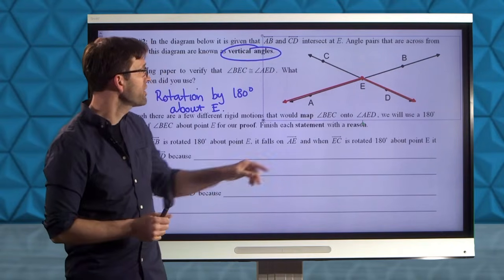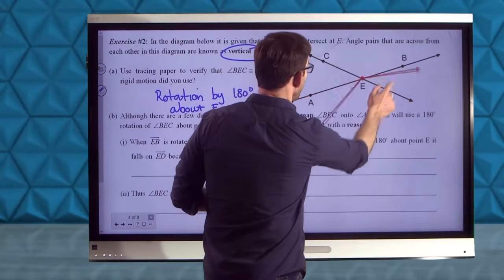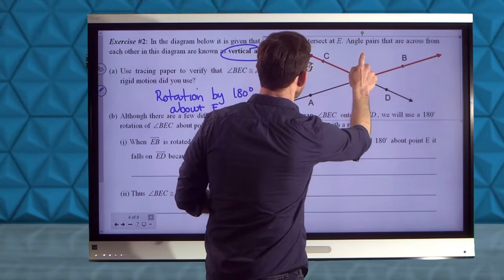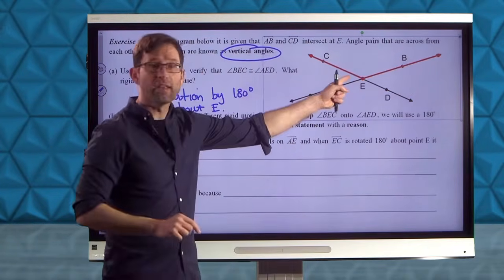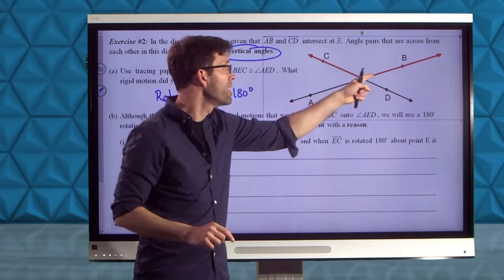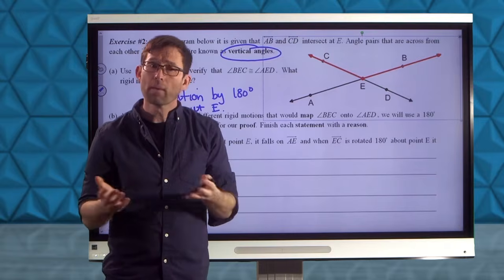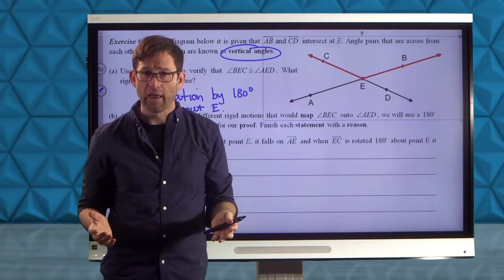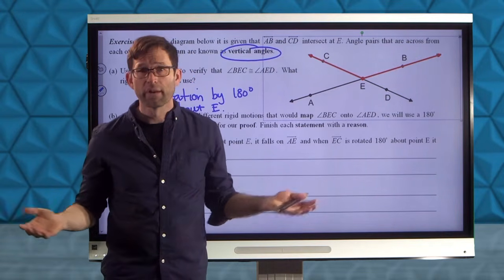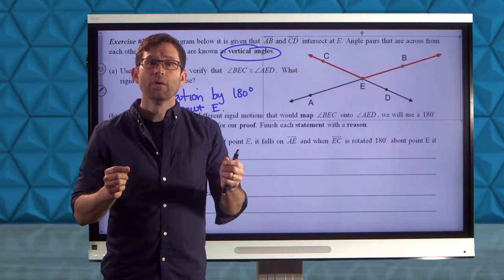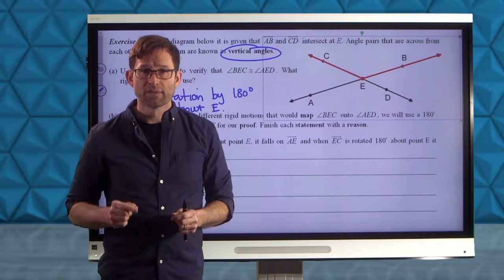Specifically in this problem, let me rotate this thing back, ooh, overshoot. We've got ray EC and we've got ray EB. So when I rotate an angle, what I'm really doing is just rotating two rays, granted, at the same time. So let's take a look at the reasoning in the second part of the problem.